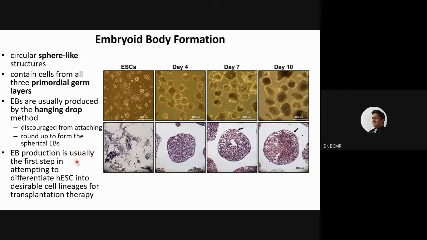And then they will try to bind to each other, and they will form clusters or masses like this. And these masses, when they are allowed to grow, keep dividing, and they will develop several primordial germ layers and so on, like similar cell differentiation. So this is usually the first step in trying to differentiate different types of cell lineages from embryonic stem cells.